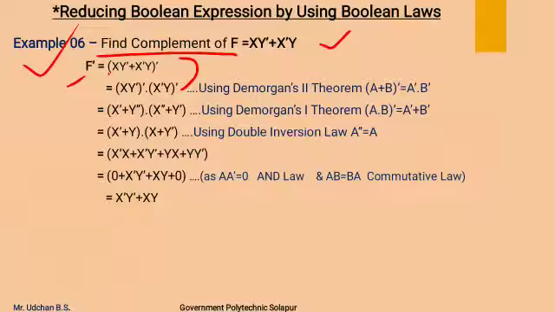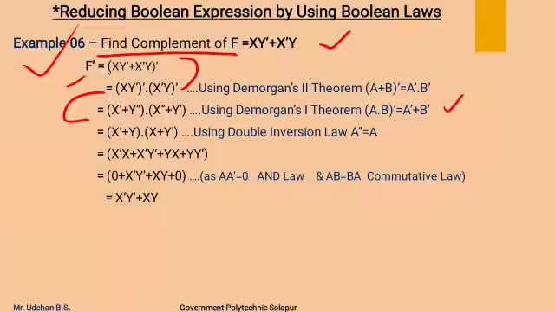Again, as per De Morgan's first theorem, we know complement of a into b gives you a complement plus b complement. So this equation is rewritten using De Morgan's first theorem, which is x complement plus y double complement into x double complement plus y double complement.